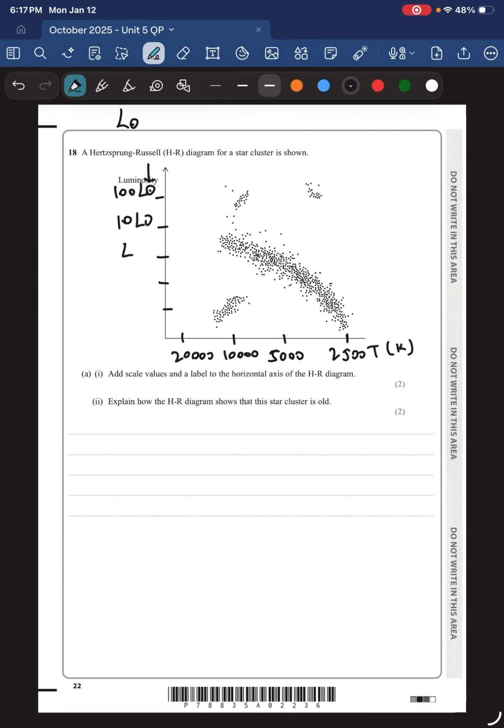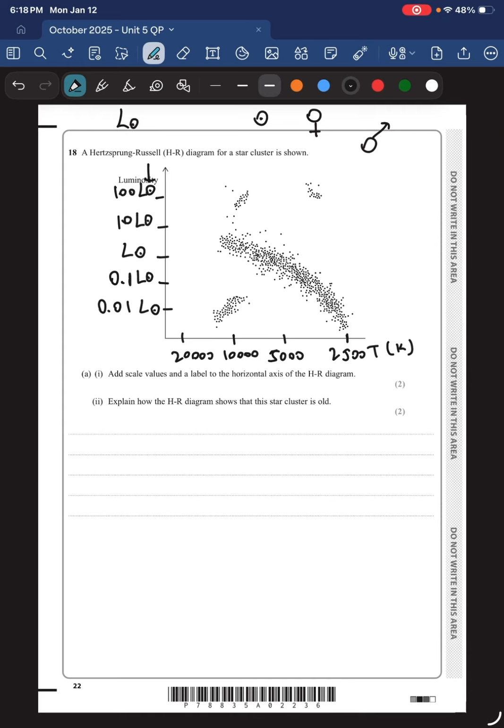So this is 10 times the luminosity of the sun, this is the luminosity of the sun, 0.1 the luminosity of the sun, and then 0.01 the luminosity of the sun. So this means the sun, and I think the Earth is this, and I think Mars is like that. Don't quote me on that. Go check for yourselves. But back in the day, I used to like astronomy and read books about it. So I think that's how you denote it.